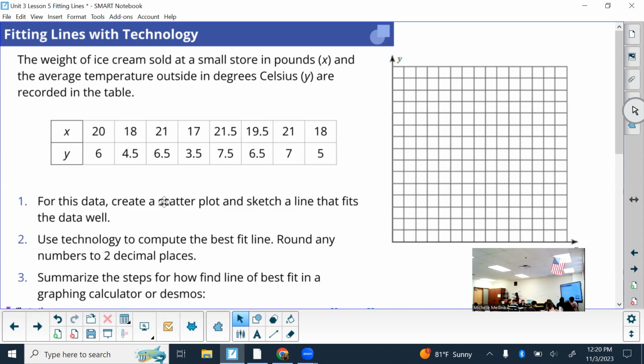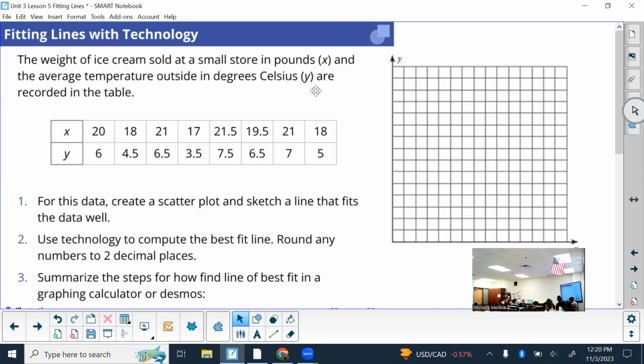So the two variables are the weight of ice cream sold at a small store in pounds, that's gonna be X. And the average temperature outside in degrees Celsius, that's gonna be Y. Personally, I wish that they reverse them, because I don't think the temperature outside depends on how much ice cream you sell. I think it's the other way around. But anyway, that's how they labeled it, so we'll just go with what they said.